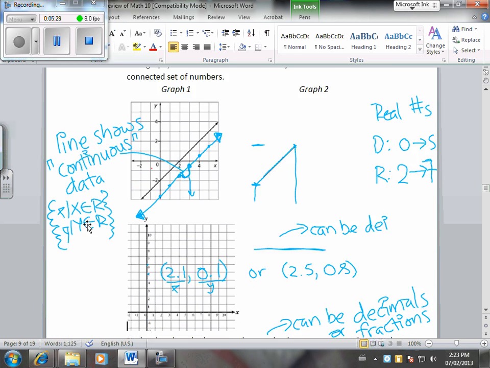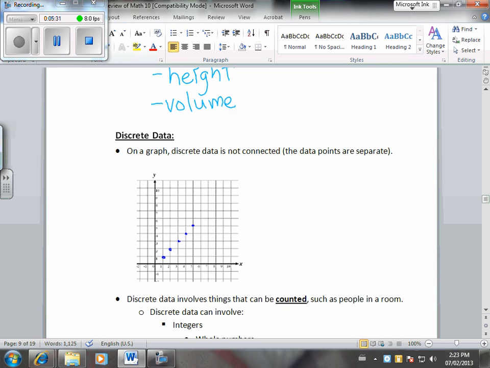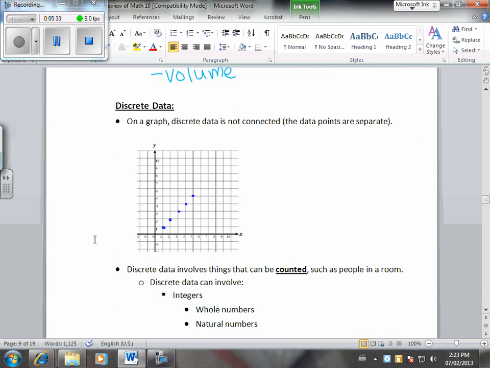Then discrete data on a graph would not be connected. You can see this: here are some dots on the graph, and they do not have a line between them. They're separate points.